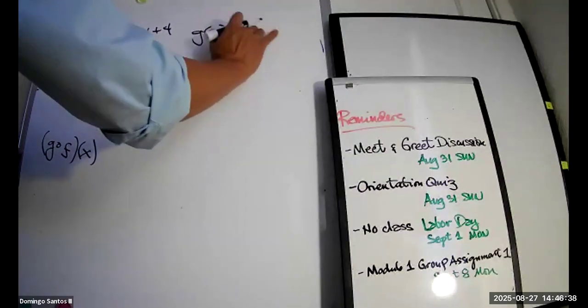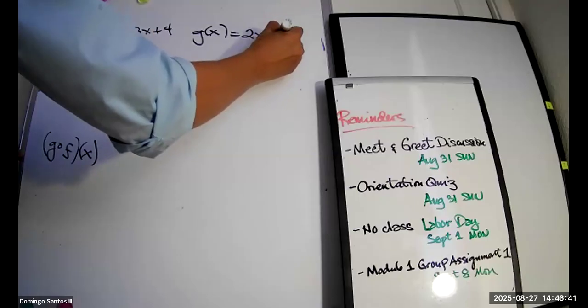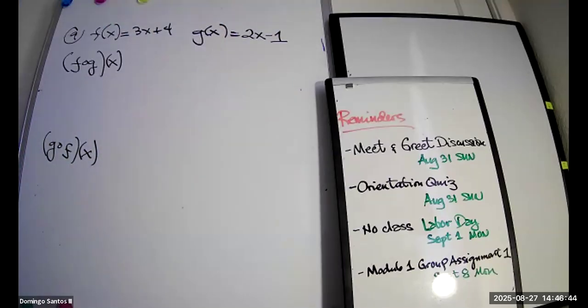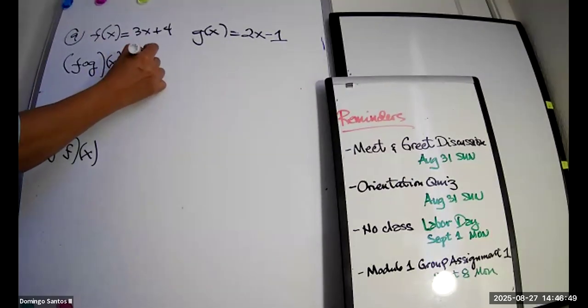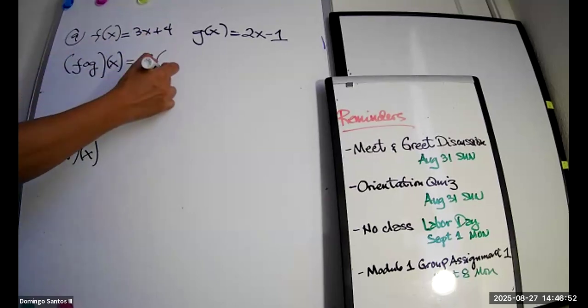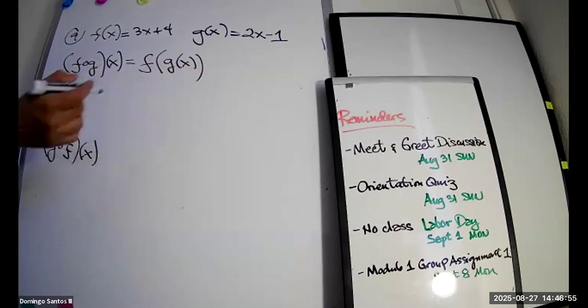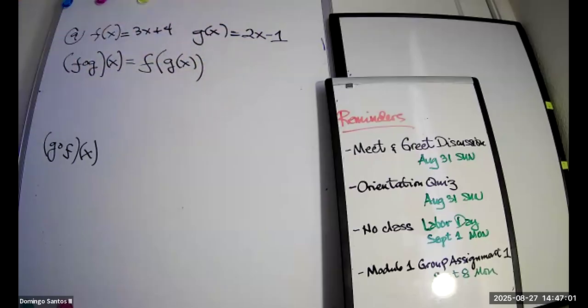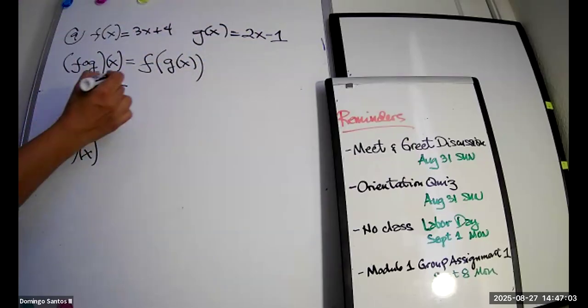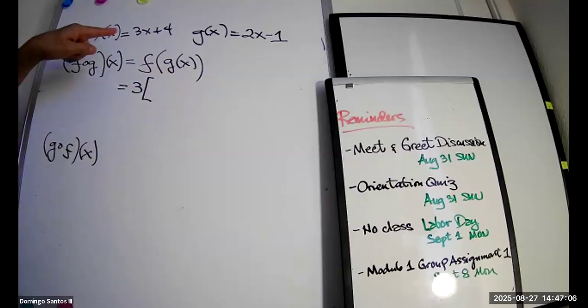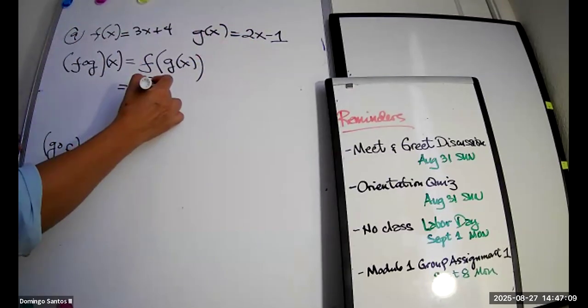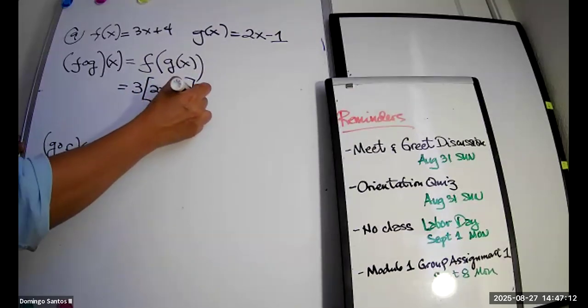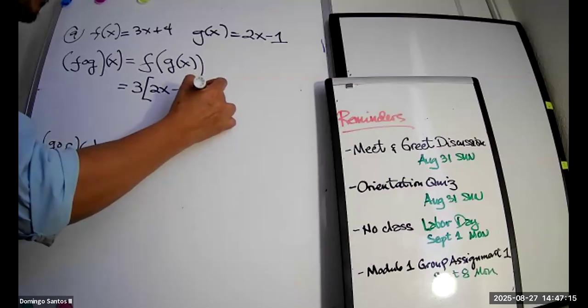G is 2x minus 1. Sorry, typo. So 2x minus 1. Thanks, Nada. By definition, f circle g of x is f, which is that first function there, at g of x. Meaning all the x's in f will be replaced by g of x, by that whole thing. Meaning that's 3, this x there will be replaced by that, so 2x minus 1, plus 4.